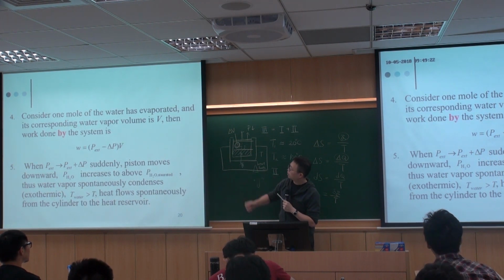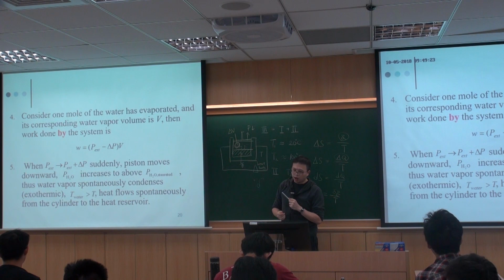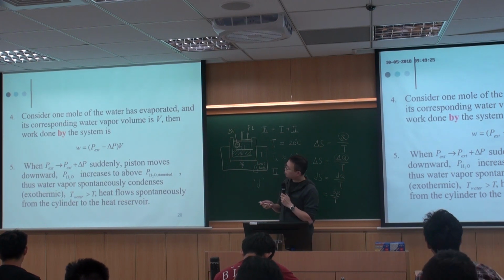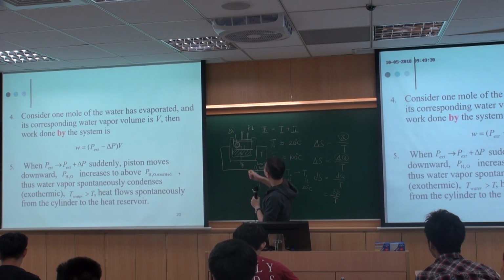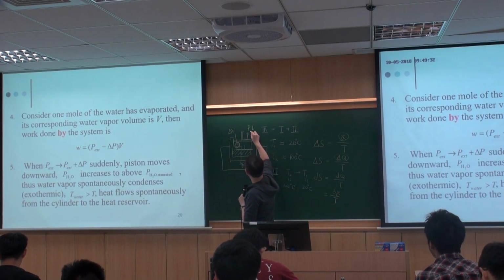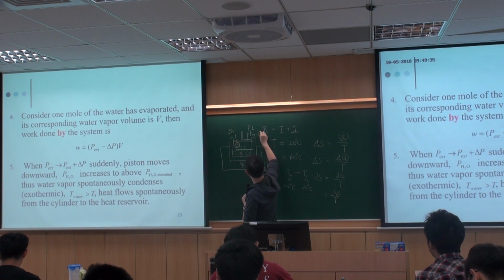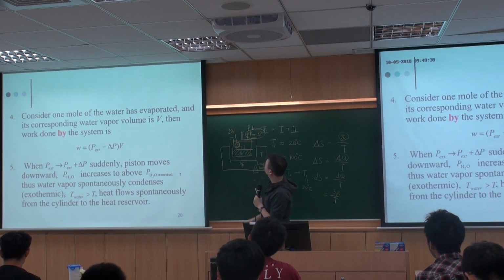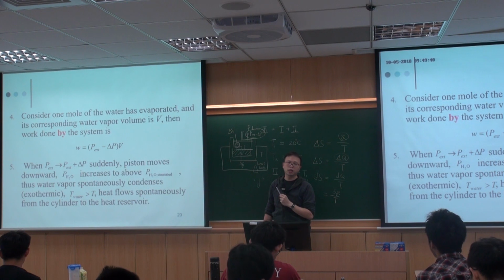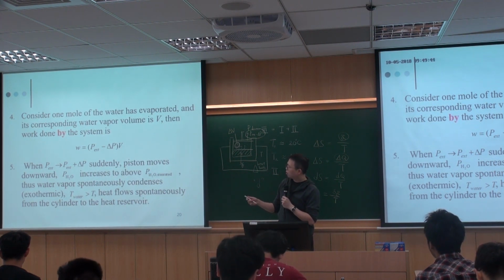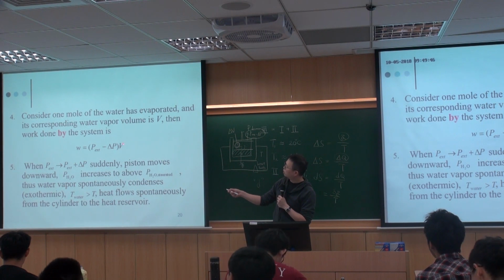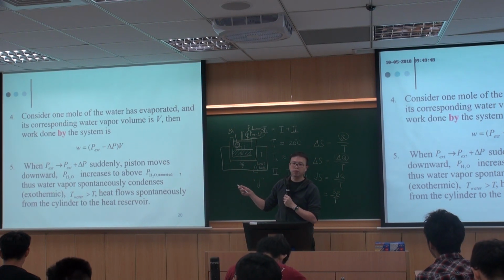So imagine this is delta V. And we know that the pressure during this process, when we pull this up, is P external minus delta P, right? So the work done by the system is this pressure times the change of volume.